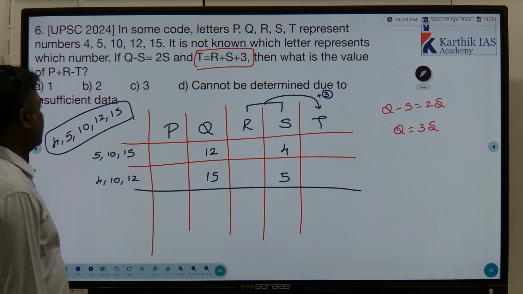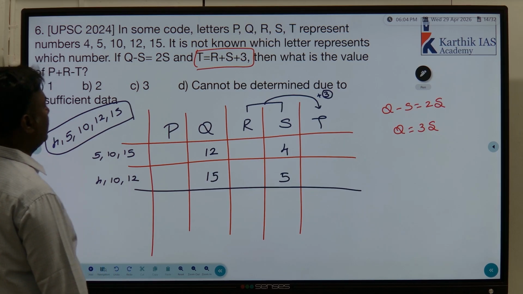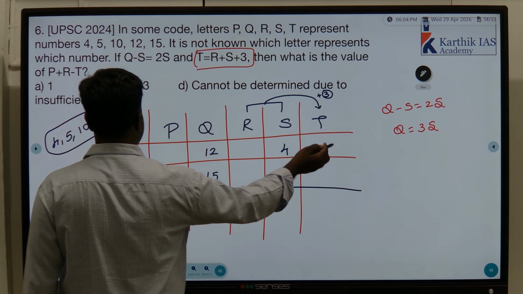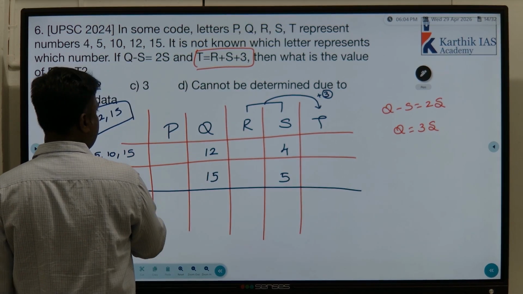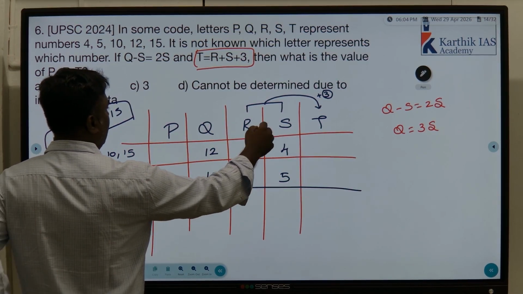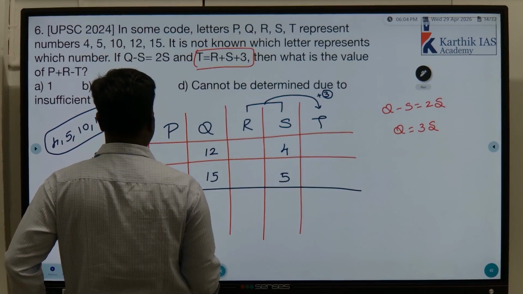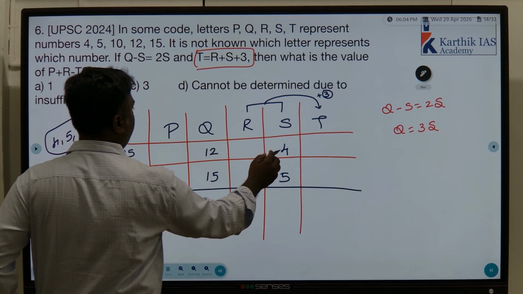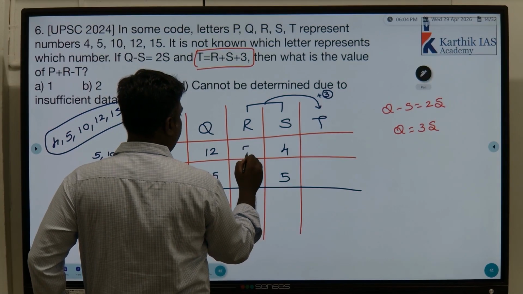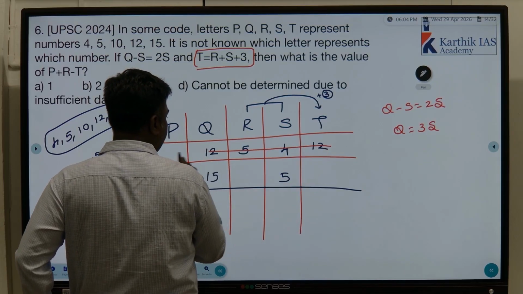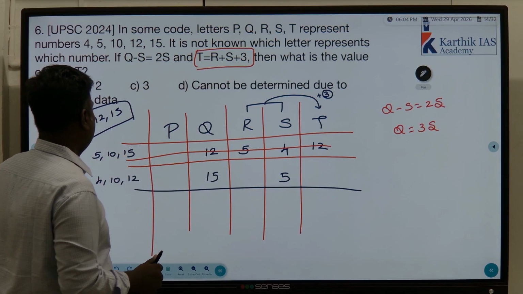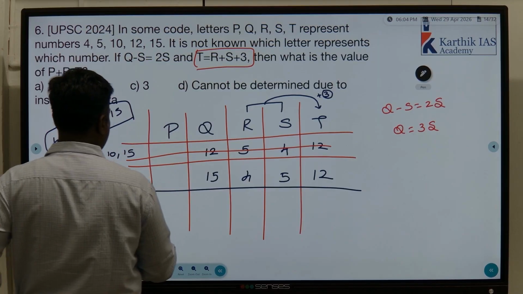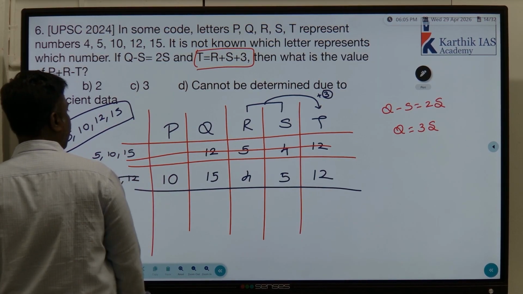Correct? 10 plus 4 is not possible. 5 plus 4, R plus S plus 3. Even if I put 5 plus 4, 9, 9 plus 3, 12. So if I put 5, 12 comes again, which is not possible. So if I put 4 here, 4 plus 9, 9 plus 3, 12. So 5 and 12 we have done, 10 we can make it. That's how the idea works.